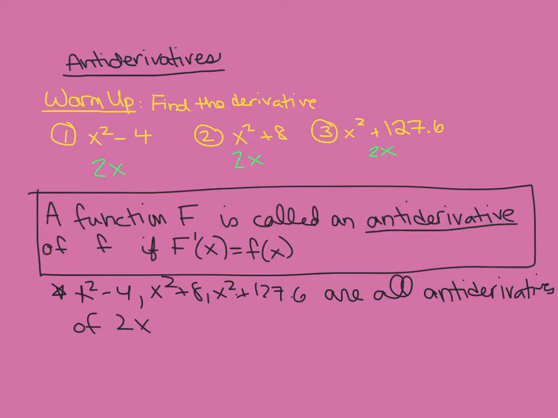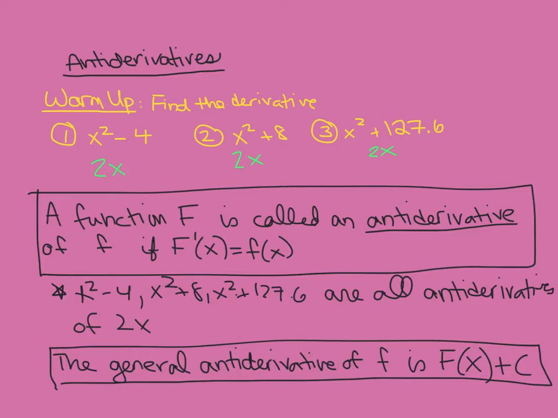Because we say that there are an infinite number of antiderivatives, if I'm asking you to take the antiderivative, we will write our answer with a plus an arbitrary constant. I'll show you what I mean. So we will write our general antiderivative as the antiderivative of your function plus a constant c.